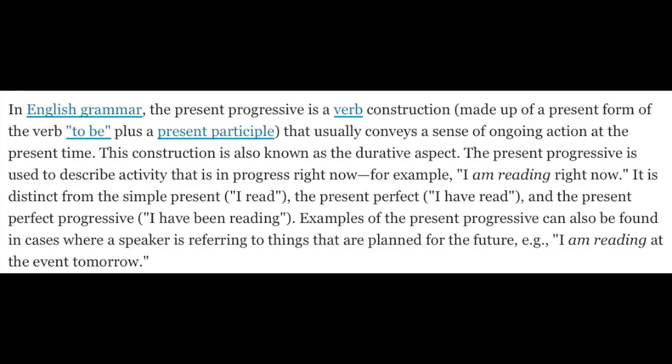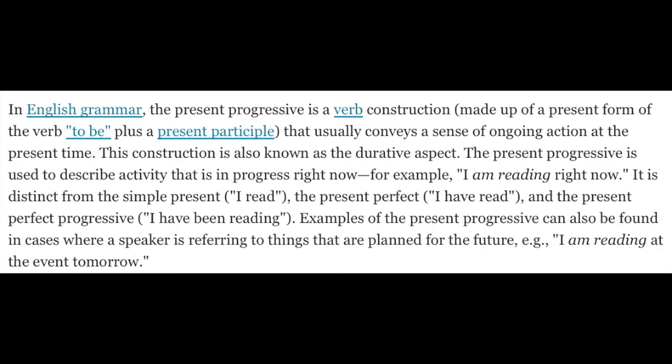In English grammar, the present progressive is a verb construction made up of the present form of the verb to be plus a present participle that usually conveys a sense of ongoing action at the present time. This construction is also known as the durative aspect.